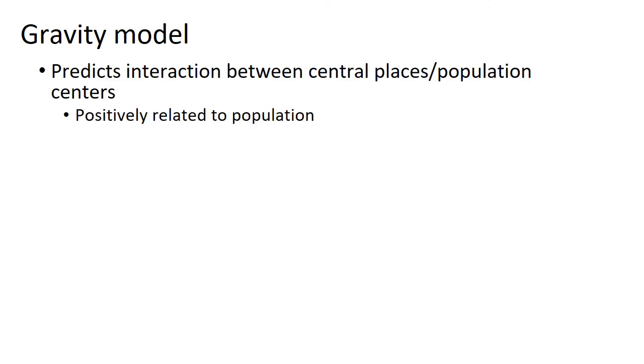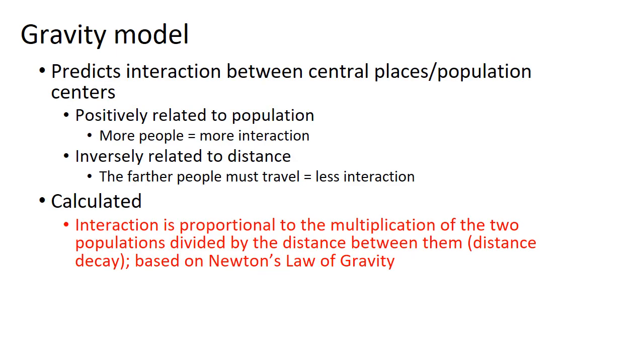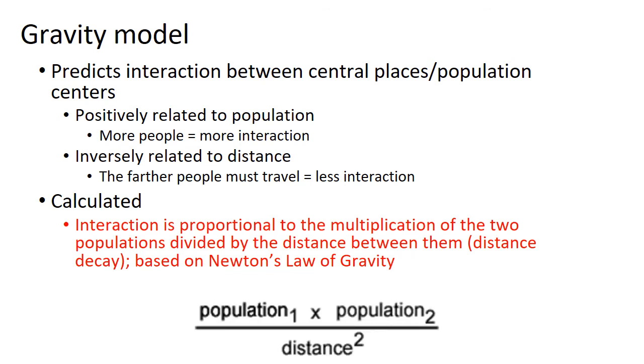Finally, we have the gravity model, which is potentially one of the simpler models to kind of understand and visualize. The gravity model attempts to predict the interaction between population centers or central places or cities, basically, all right?